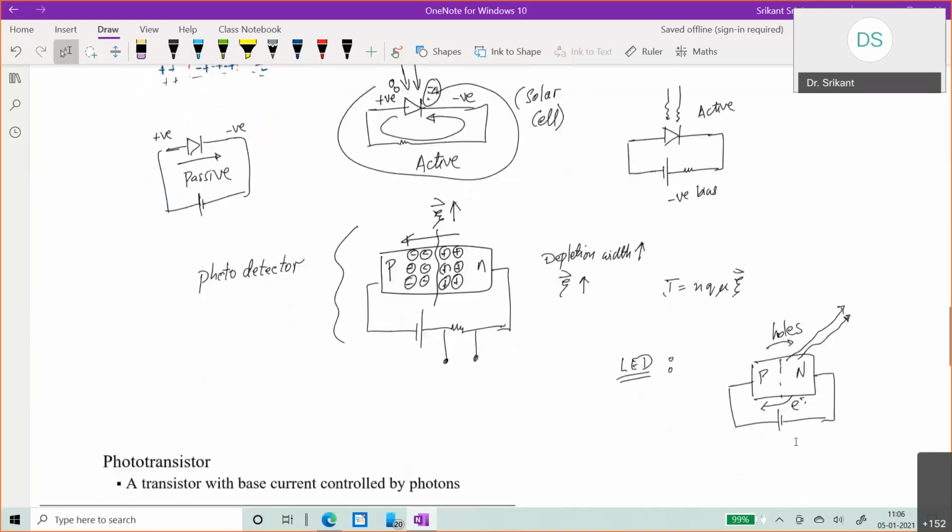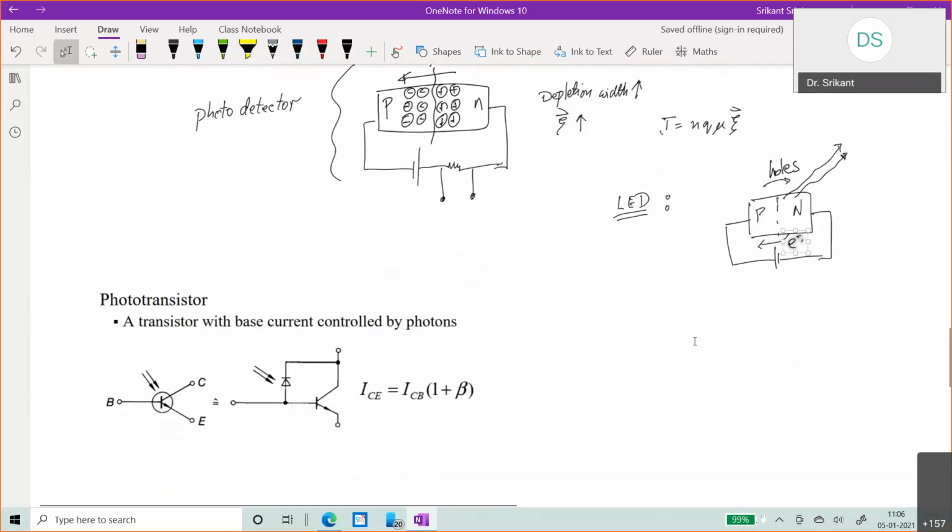Here it's the opposite. You are applying energy, so you are supplying electrical energy, you are forward biasing the diode. As a consequence, the majority holes and majority electrons of the opposite sides, they recombine with each other as they traverse the depletion region. And when they recombine with each other, they shine light. Okay. So this is LED.